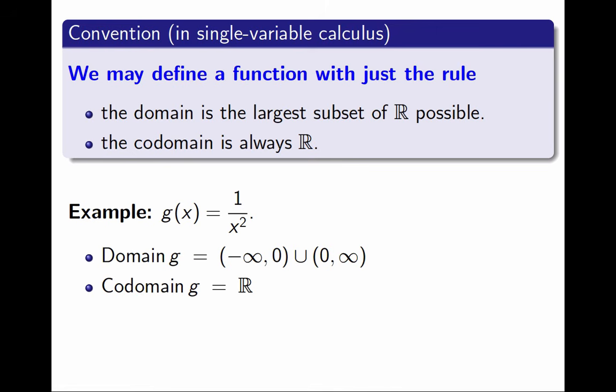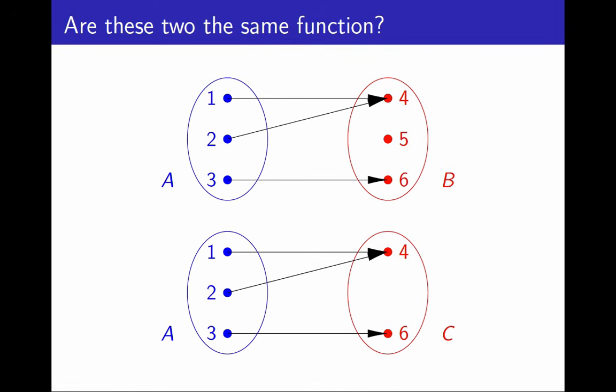There is a second convention worth mentioning. Look at these two functions. Are they the same function? Strictly speaking, they are not the same. They have the same domain and the same rule, even the same range, but they have different codomains. They differ by the element 5.